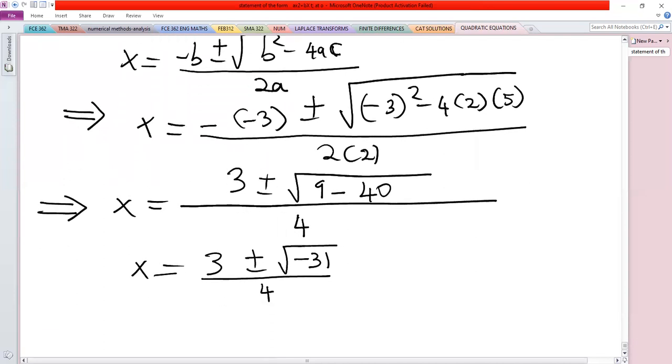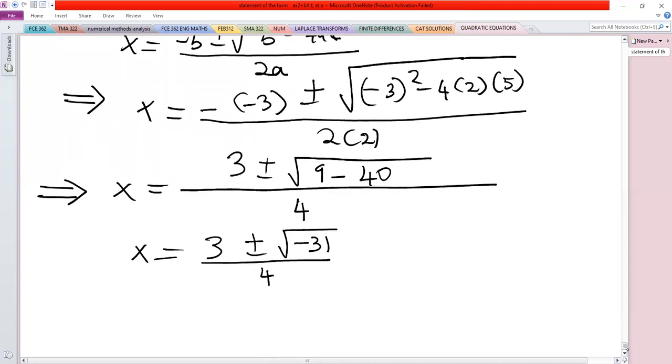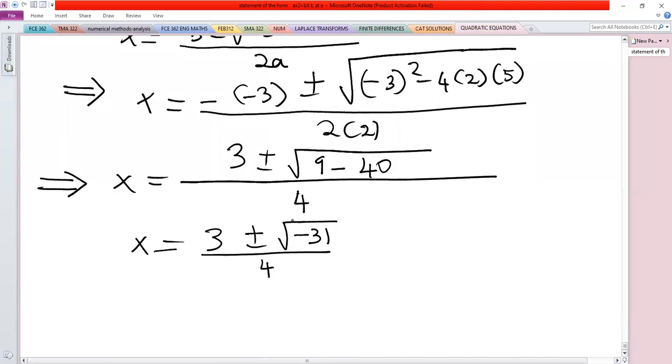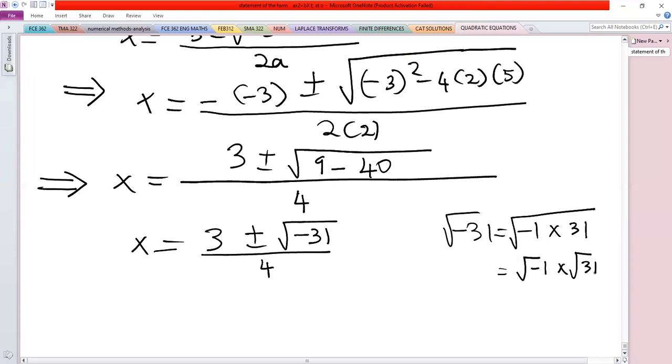But you see, we can't define a square root of a negative number in real numbers. So this means it's a complex root. So minus 31 is the same as minus 1 times 31. So when you apply square root, you get square root of negative 1 times square root of 31.